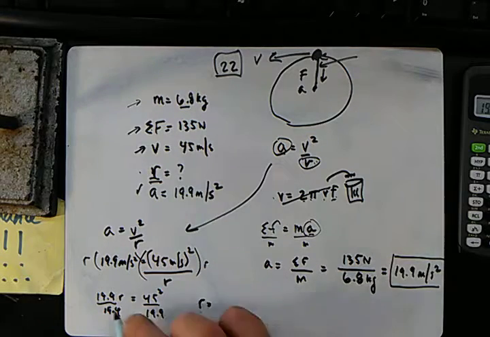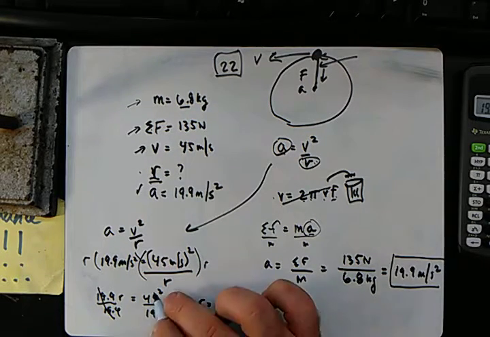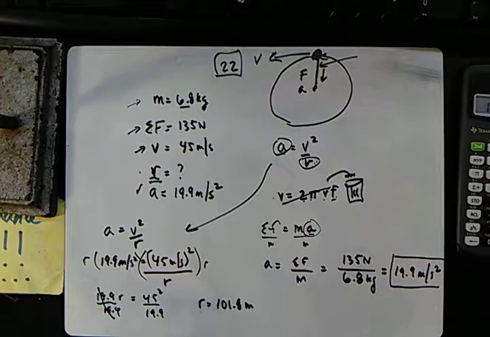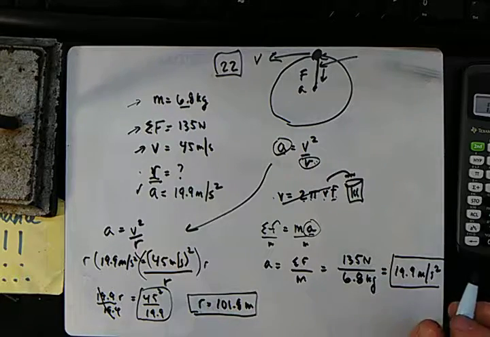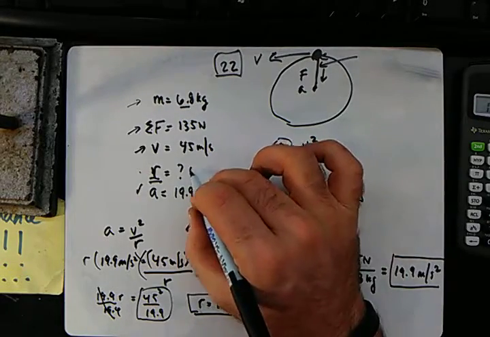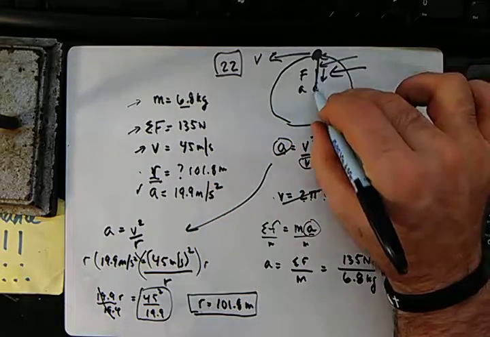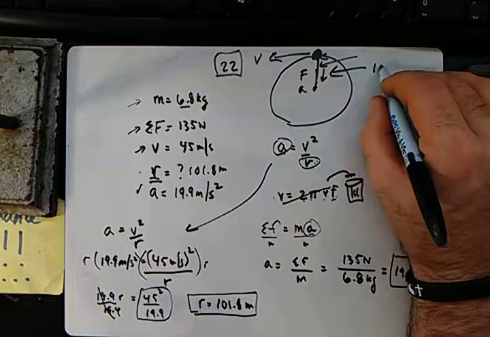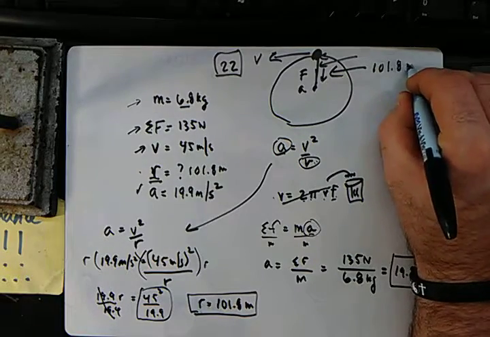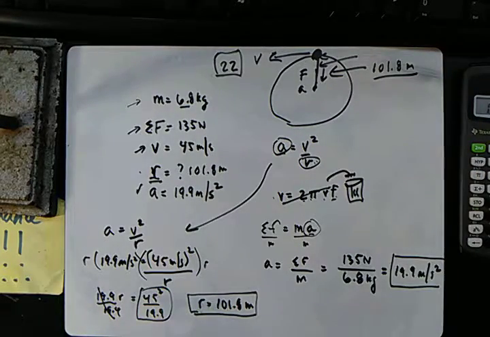After solving, I end up with a radius of 101.8 meters. So that radius, that distance there, is 101.8 meters. And I hope that helps with a little bit of the dynamics.